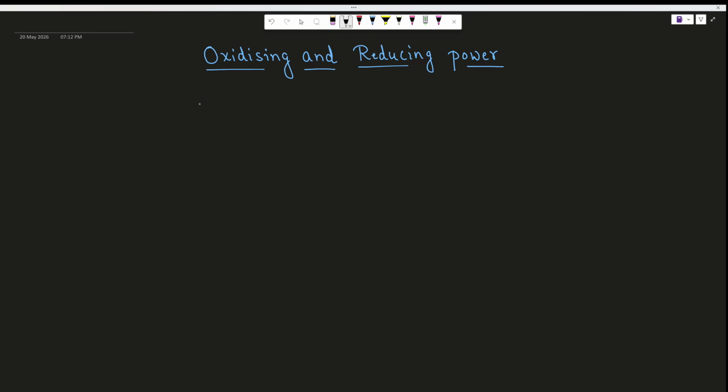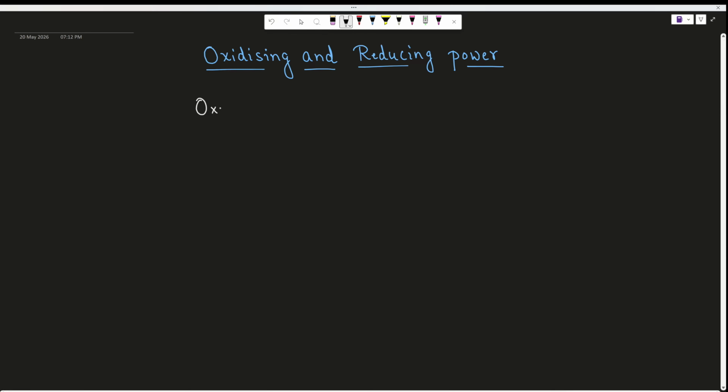When I take this term oxidation, it means loss of electrons, and reduction is gain of electrons.